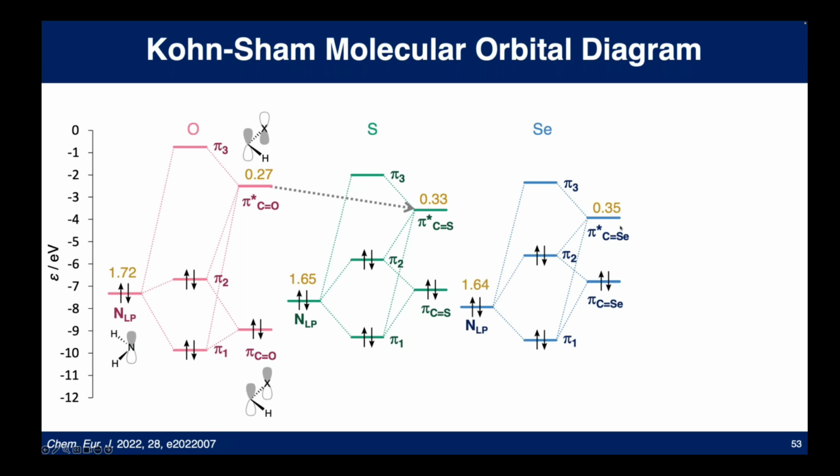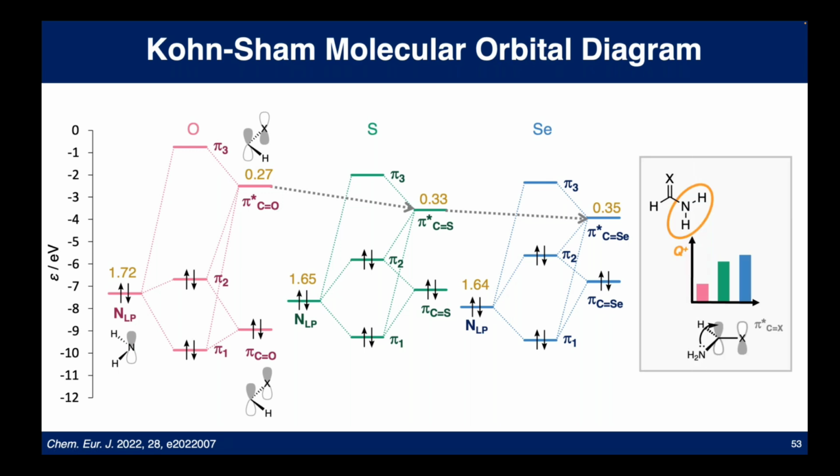And for selenium it is 0.35. So by having a lower lying pi star on the carbon chalcogen bond, more electrons can be donated from the lone pair towards the pi star. But why is this one lower? So why is the carbon selenium lower than the carbon oxygen?